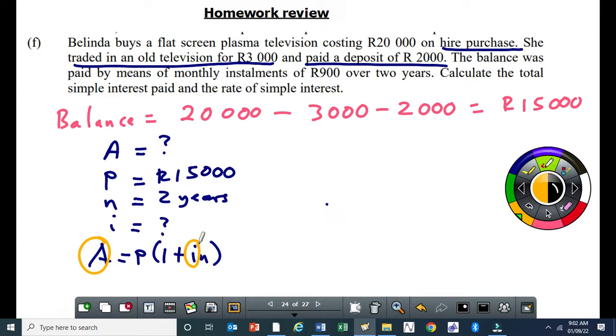But we can use common sense to calculate the amount that she spent in total. When I say in total, I'm talking about excluding the trade-in amounts.